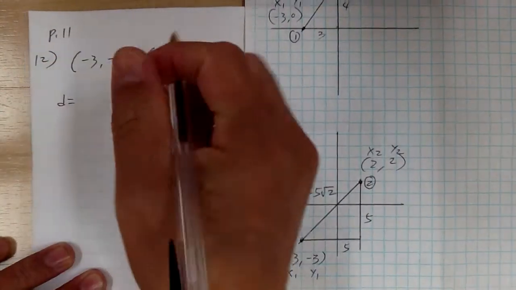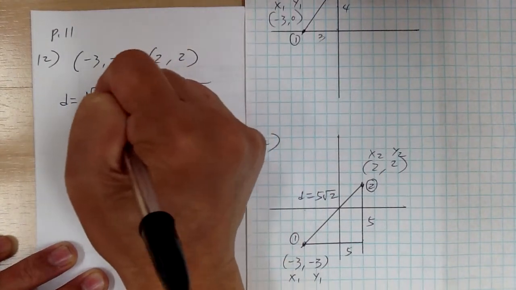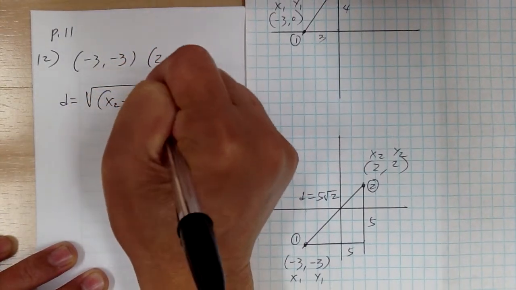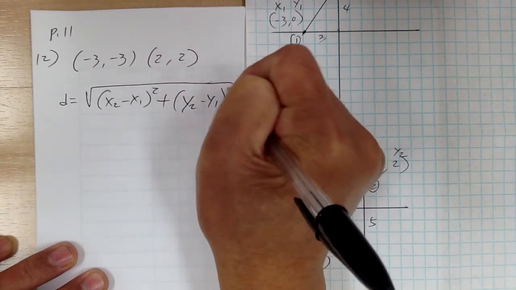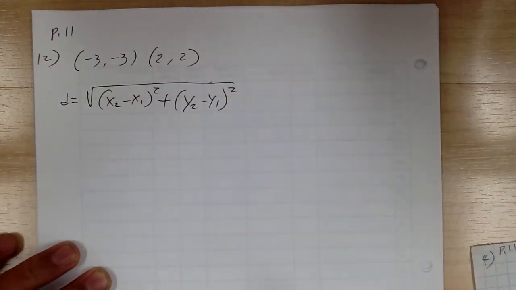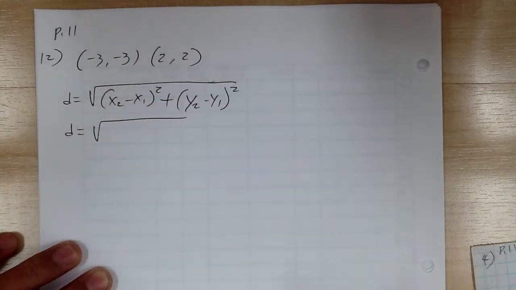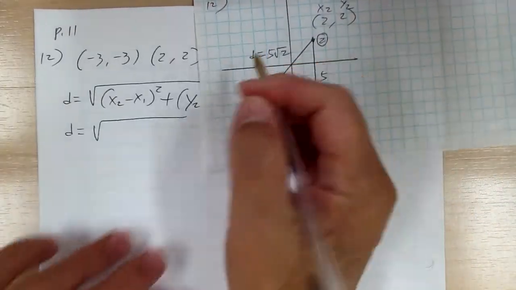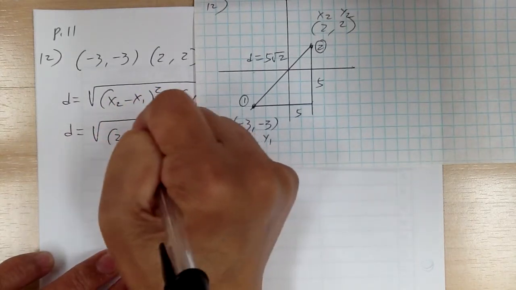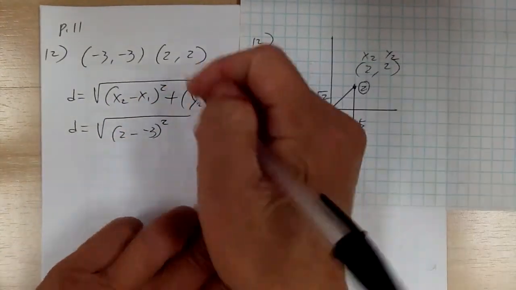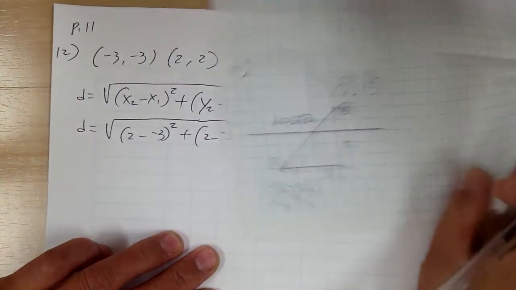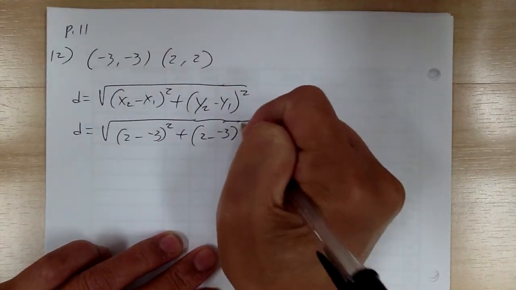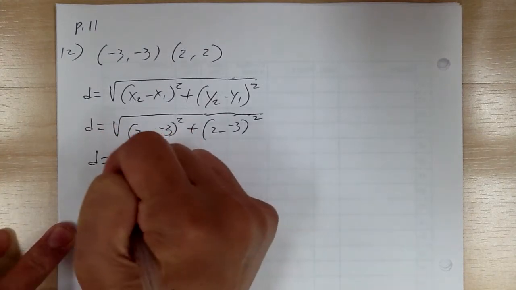So distance equals the square root of (x2 minus x1) squared plus (y2 minus y1) squared. So you can just substitute all the numbers in here. So you're going to get 2 minus negative 3 squared plus 2 minus negative 3 squared, and then you work it out.